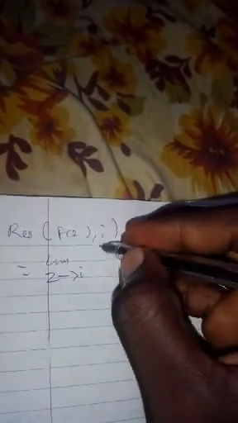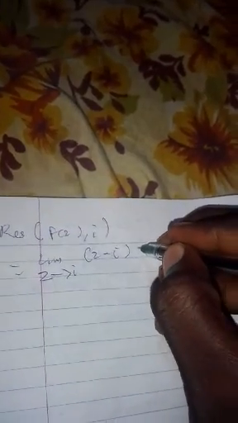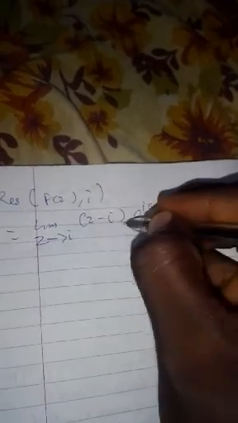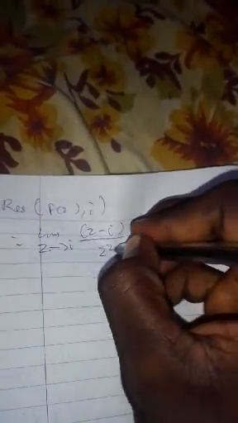So my residue of f(z) at i is now equal to the limit as z goes to i of z minus i multiplied by e raised to the power of iaz over z squared plus 1.